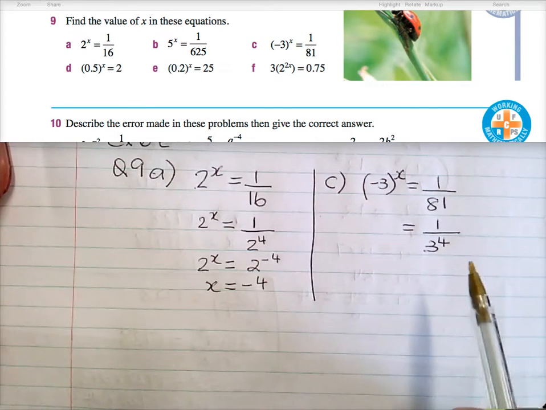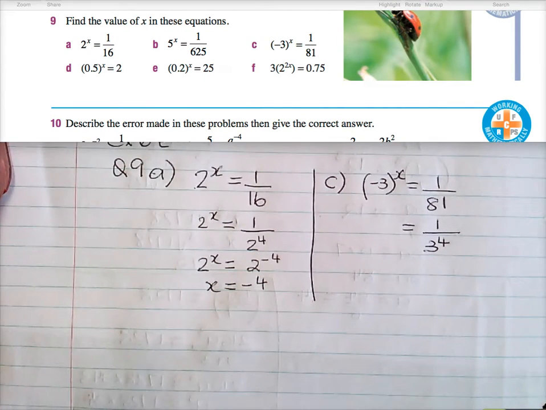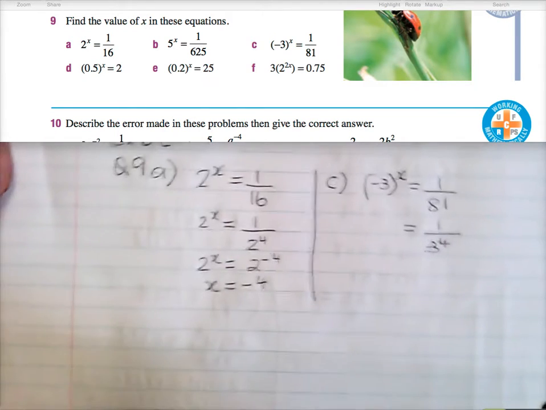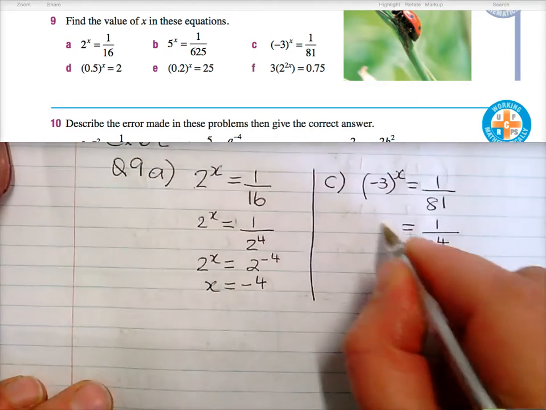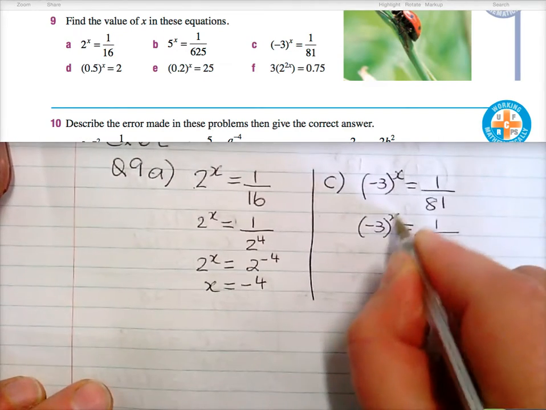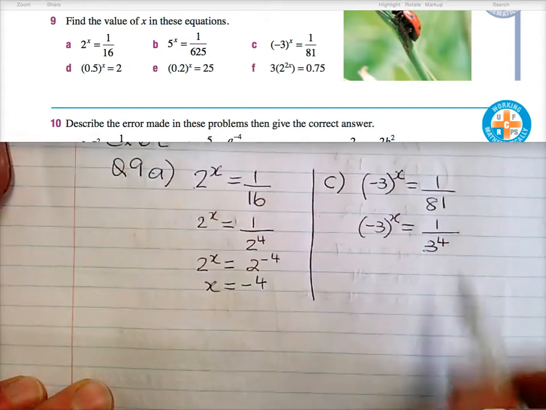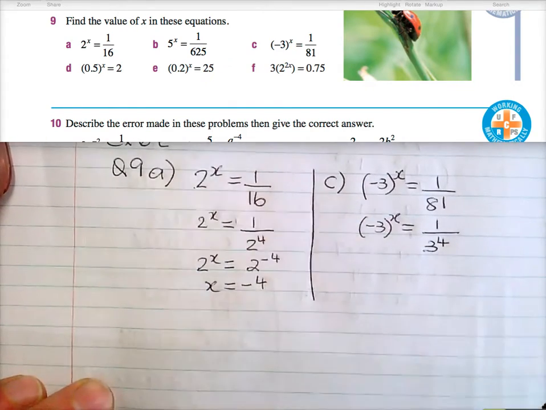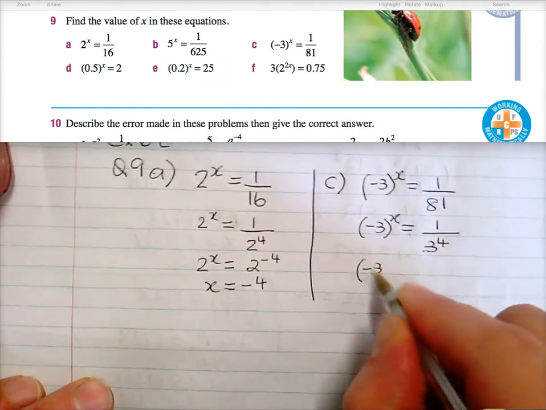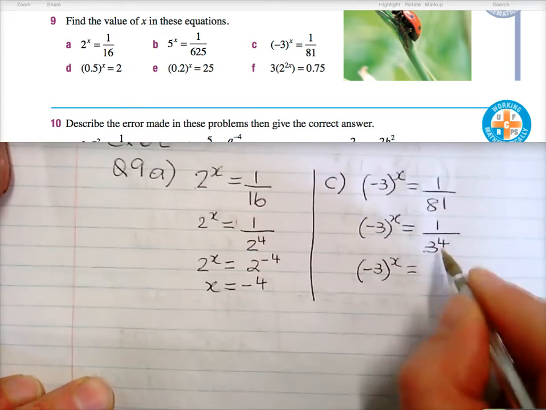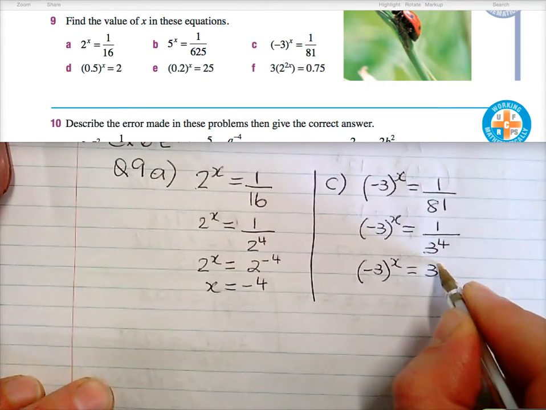Why? Because 3 times 3 is 9, and the other 3 times 3 is 9, and 9 times 9 is 81. What am I going to do now, girls? How can I write this, 1 over 3 to the 4, as? How else can I write this? 3 to the what?